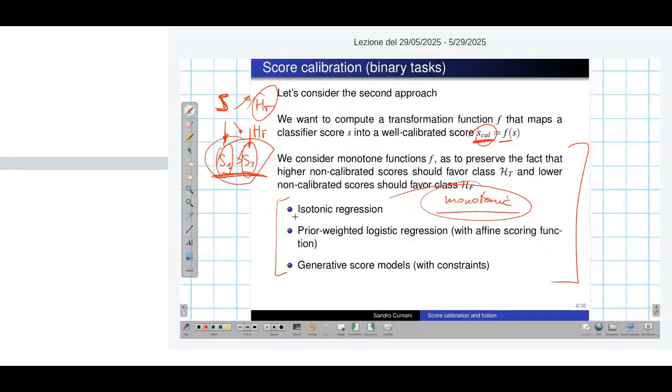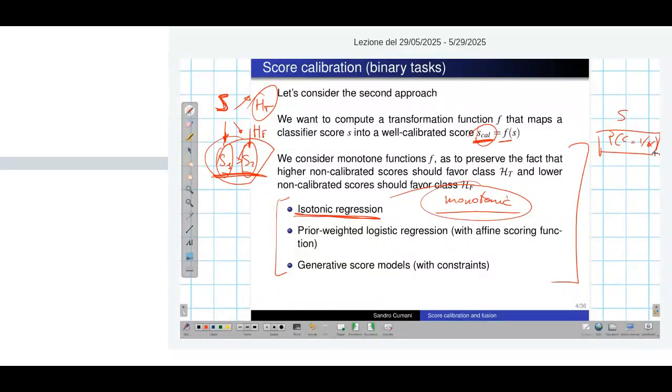The first one essentially is a way to map scores to class posterior probabilities in a way that these class posterior probabilities are well calibrated. Remember that if I have scores that are well calibrated for a given application, I can map them to class posterior probabilities.